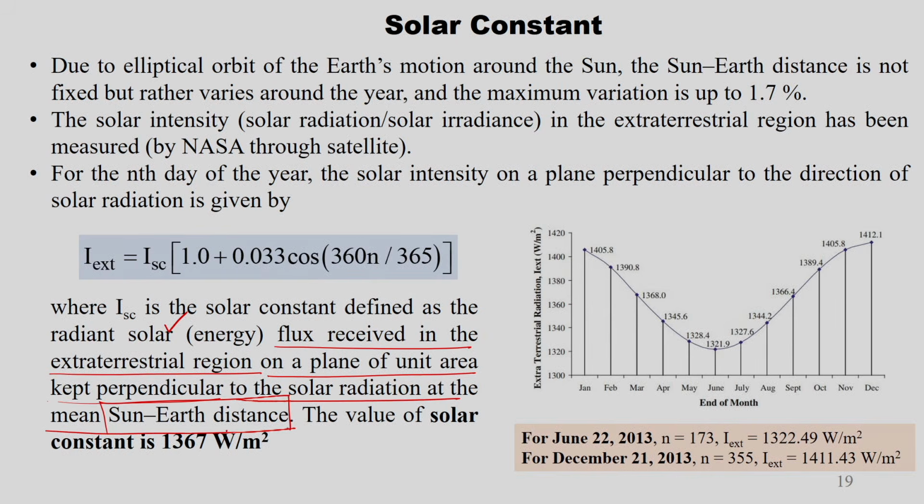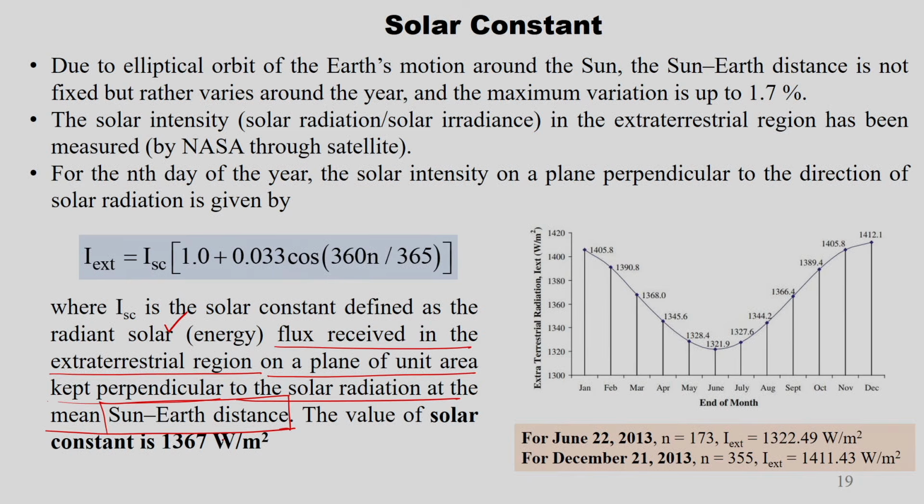The sun earth distance is not the same throughout the year because the earth's motion is in an elliptical orbit. In that way we do not get the same distance throughout the year, because of which we calculate the mean sun earth distance.